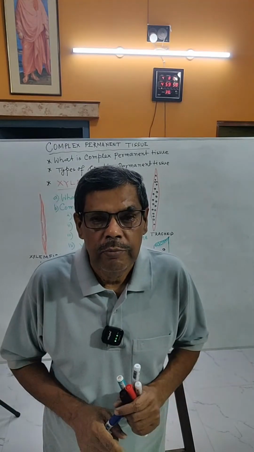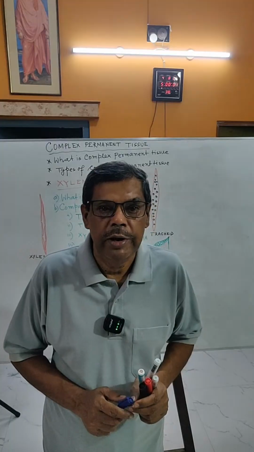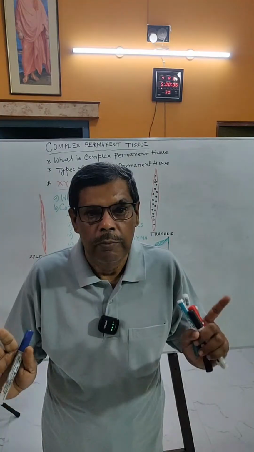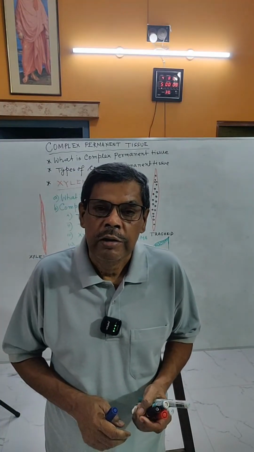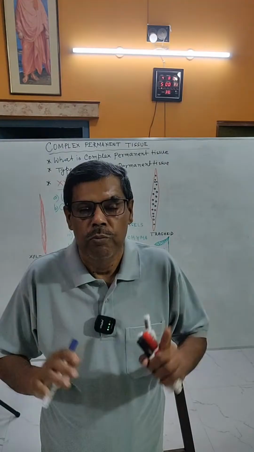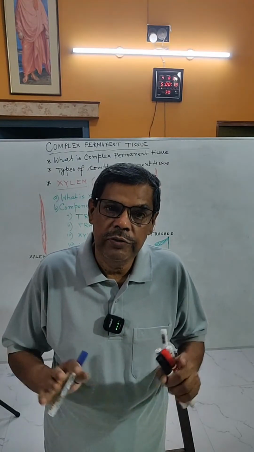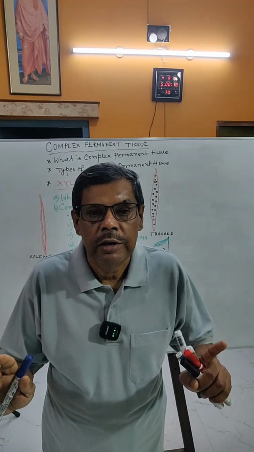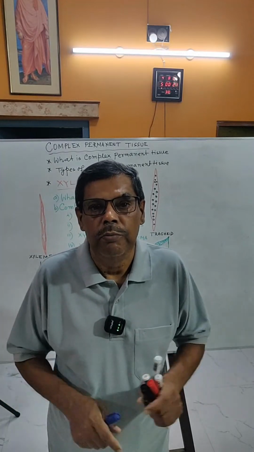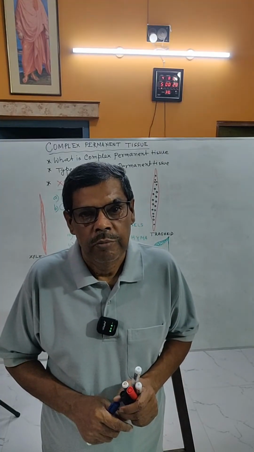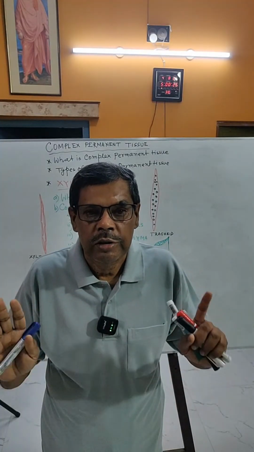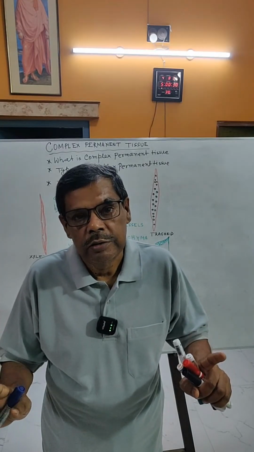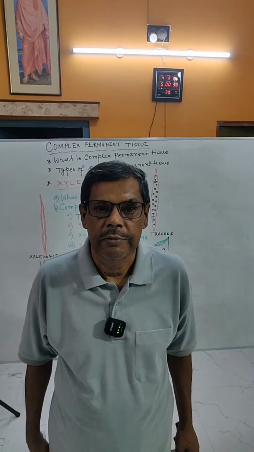These two types of complex permanent tissue originate from plerome. So, these are the permanent tissues which have the same source of origin.